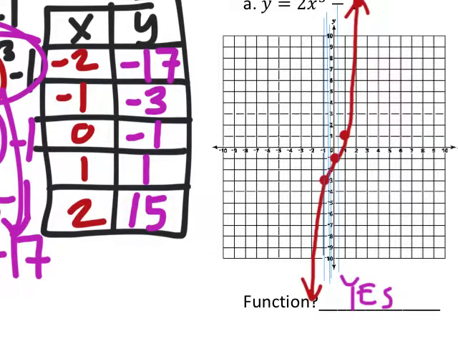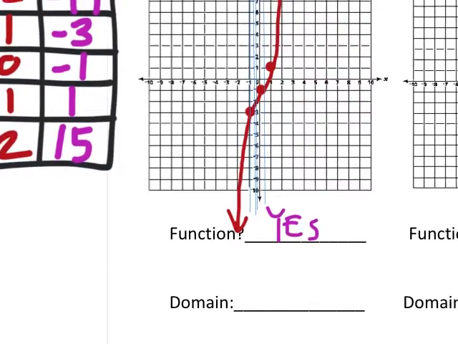But you can see that they don't cross the line in two places, okay? Now, even though this line is becoming very steep as it goes to the right and to the left, it's still moving towards the left and the right, and that's going to help us with the domain. So yes, this is a function because it passes the vertical line test.